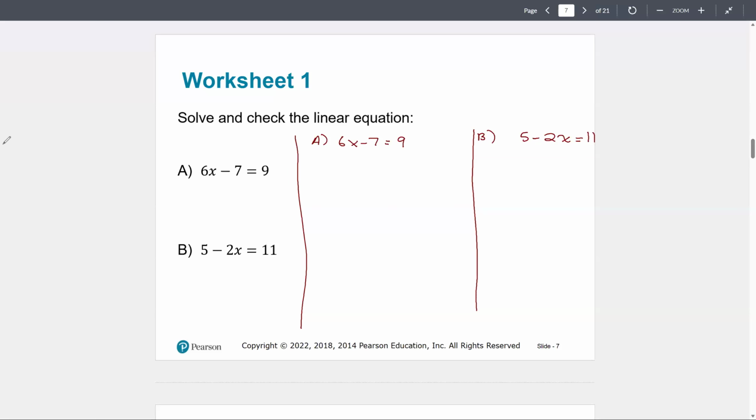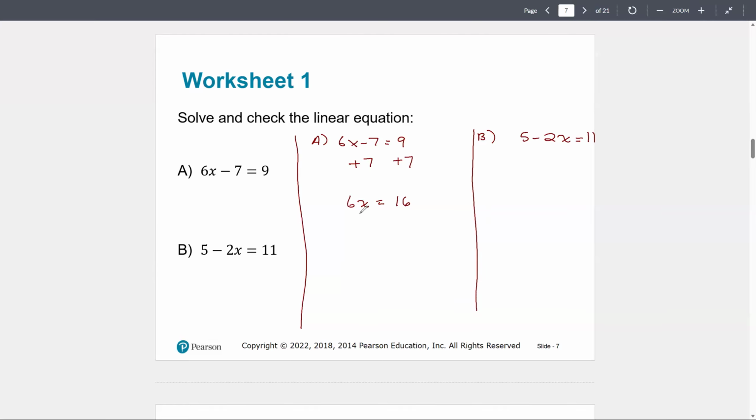All right, so for A, like I said, we would like to leave the term with the x alone first, because the first thing I need to do is get rid of this constant. So we're going to add 7 to counter the subtraction. So we get 6x equals 16.